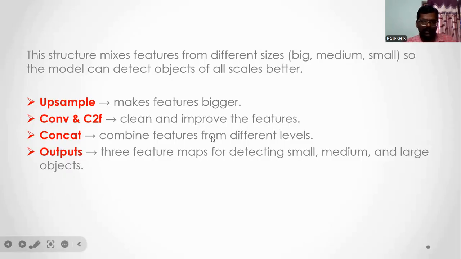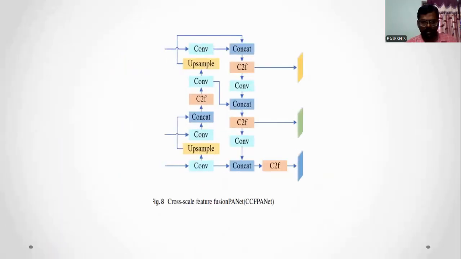Concat means combining features on different levels, and output means three feature maps for detecting small, medium, and large objects. So these are the three outputs: output for a large object, output for a medium object, and output for small objects.